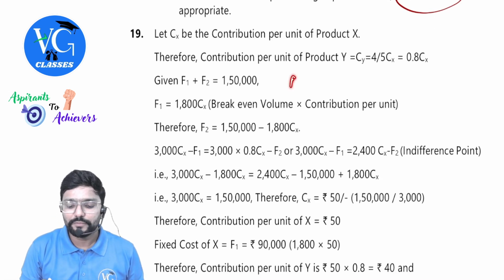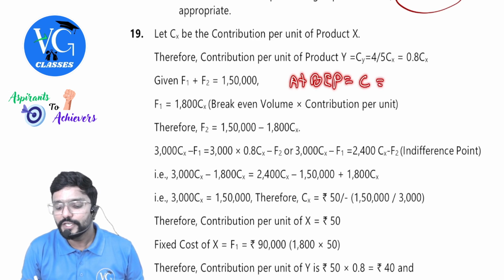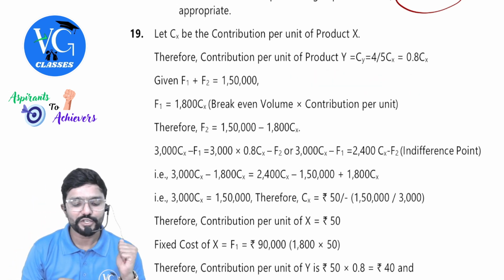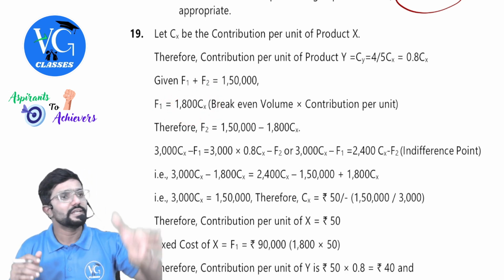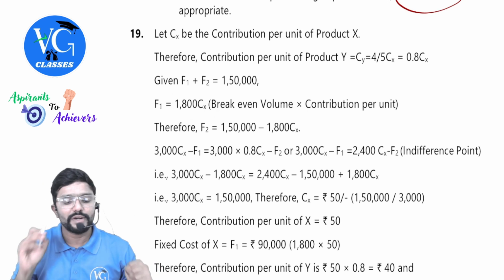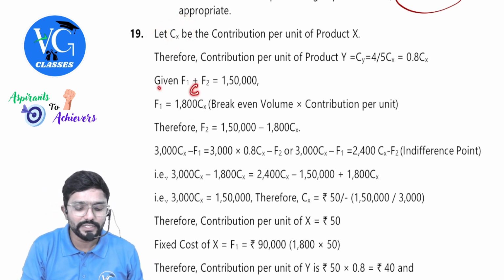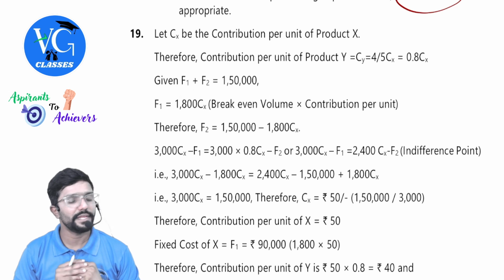So fixed cost F1 is equal to contribution. The contribution is 1800 units times the contribution per unit Cx. So this gives you the contribution and this gives you the fixed cost. Both are equal.